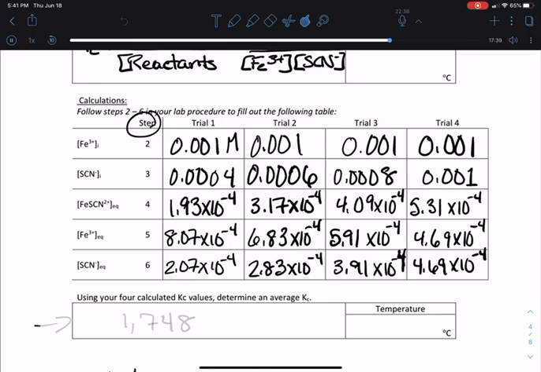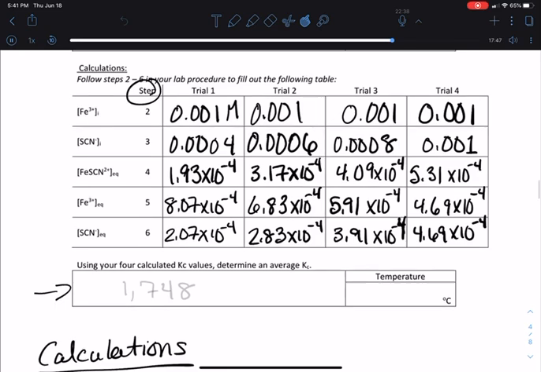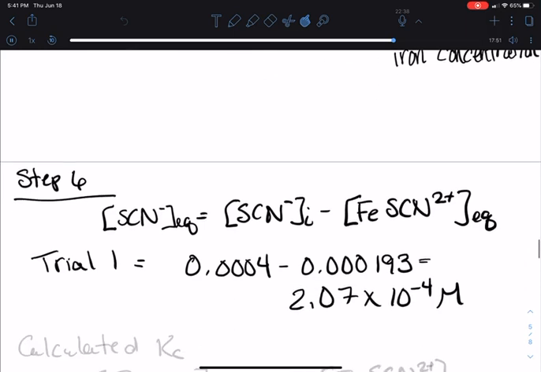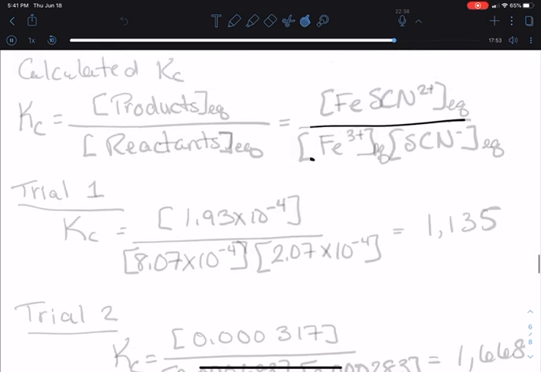Now this box here looks like it's going to be a simple calculation and it's going to be really quick, but you actually have to calculate the Kc values 4 times and then get the average, because all it wants in here is the average.